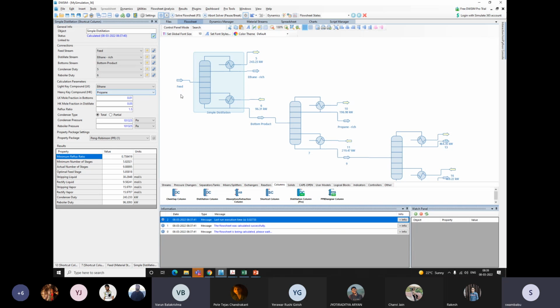Yes. Then what will happen? Suppose I choose butane, then ethane and propane will come here. Then instead of the distillation column here, I would have to put the distillation column here. So how would you say which one is more optimal, this setup or the one with just the 3?